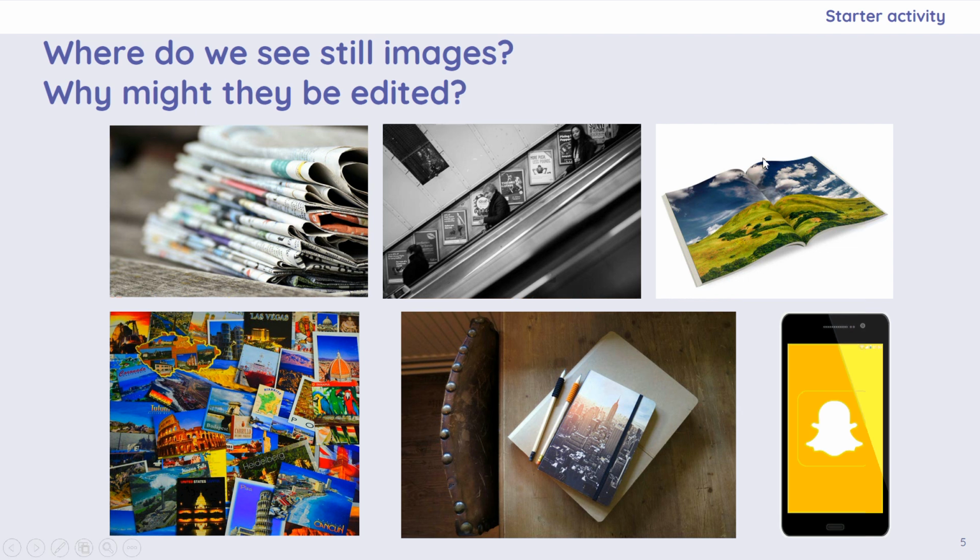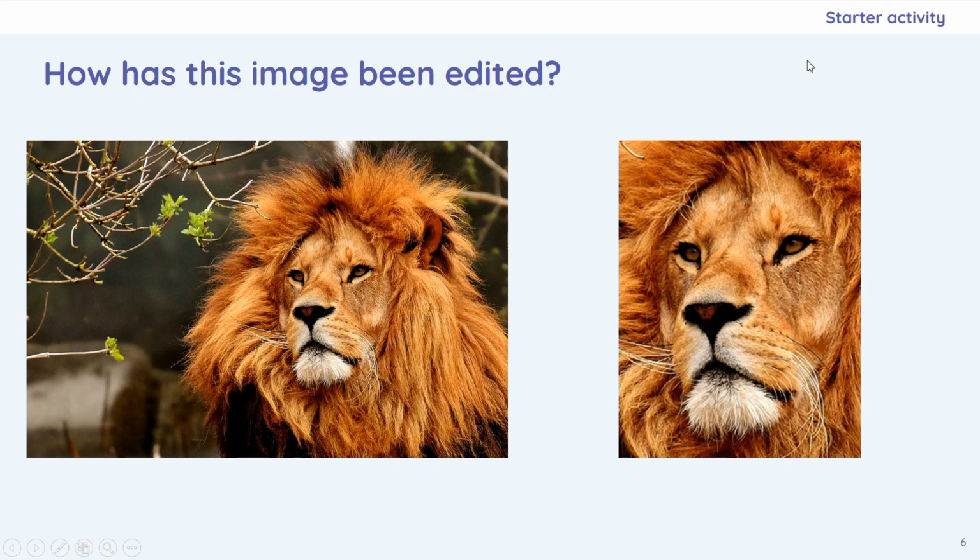The same for this image here. Images in public need to be the best they can be. So they may well have been edited for that to be achieved. Have a look at this lion here. So this is the original image of the lion, and then this is the edited version.